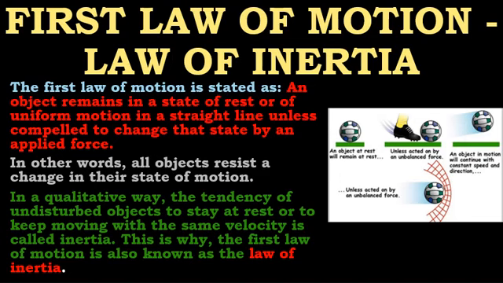That means we are giving an external unbalanced force. An object which is at rest will be at rest unless an external unbalanced force acts on it. Only when you give an unbalanced force will the object at rest move, or an object in motion stop.